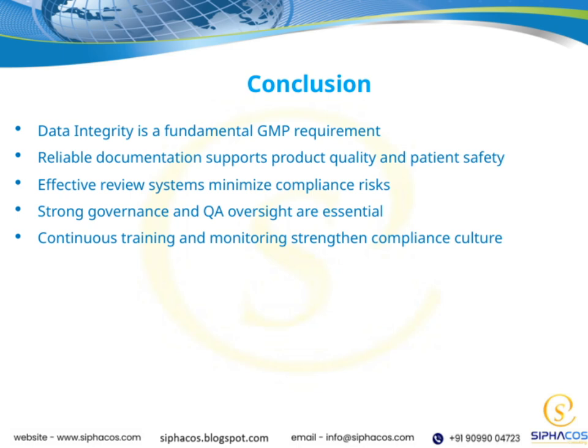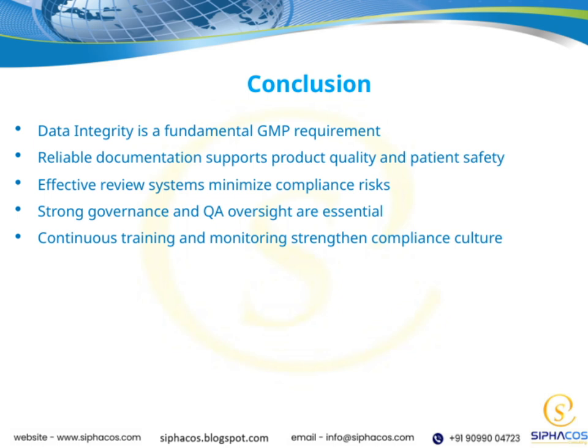Effective review systems are also vital. They help us catch issues early and minimize compliance risks. Regular audits and reviews keep us aligned with regulatory expectations and best practices. Strong governance and quality assurance oversight are essential components too. They provide the oversight and accountability needed to maintain high standards across the board.